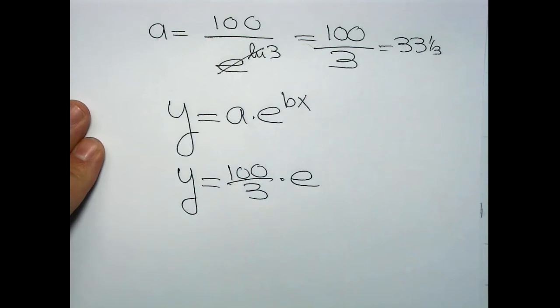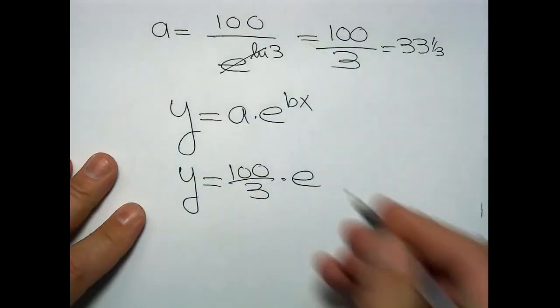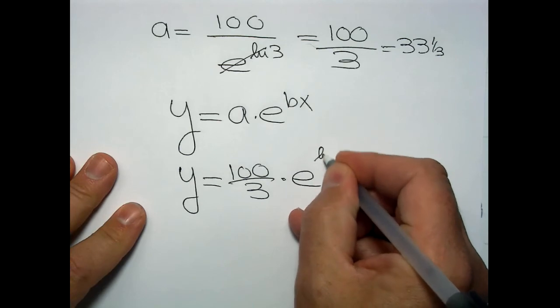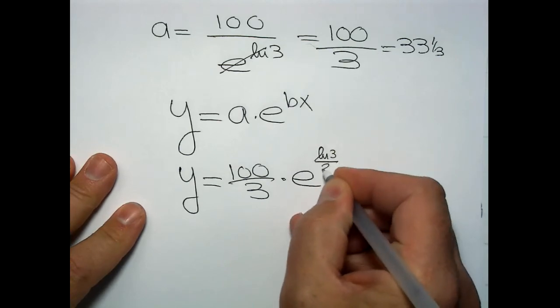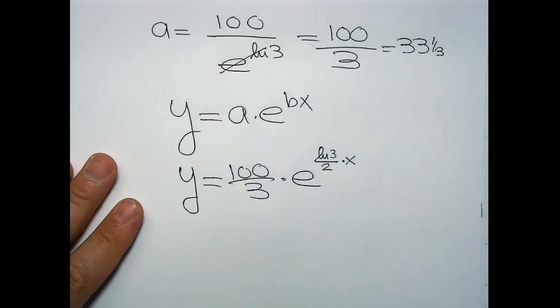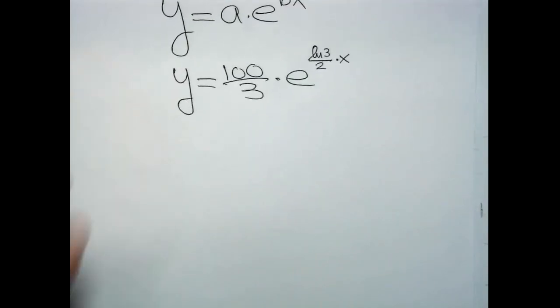Now, I think we could use the more exact version of b, which is natural log of 3 over 2. So I'm going to use that. And that way it's more exact. So where's the power in this particular model? The model will help us determine the number of flies at any given day.